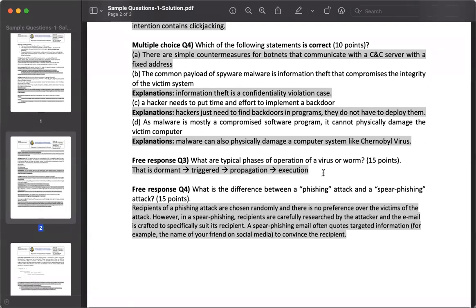So anything that needs to be done should be done before execution, because right after execution, the owner or the user understands that, okay, my computer is compromised because it doesn't work normally. I'm not able to access my drive, or I'm not able to send emails, or something is not working. All of these bad things start happening after the execution of the worm or virus.